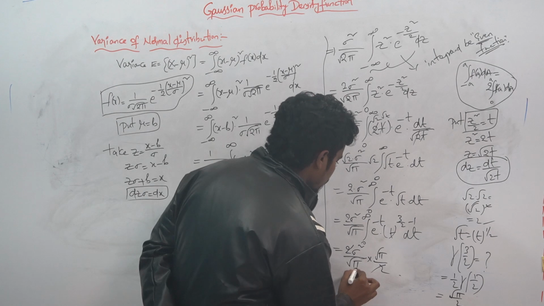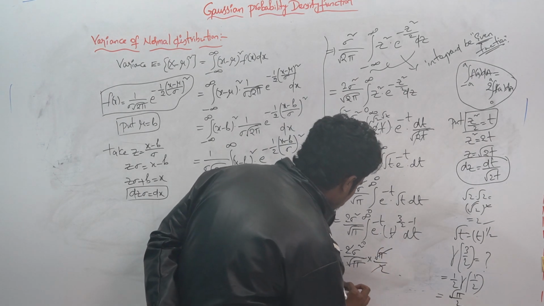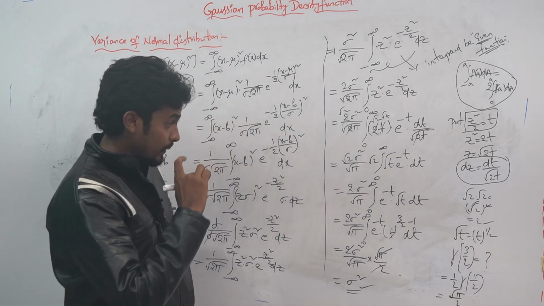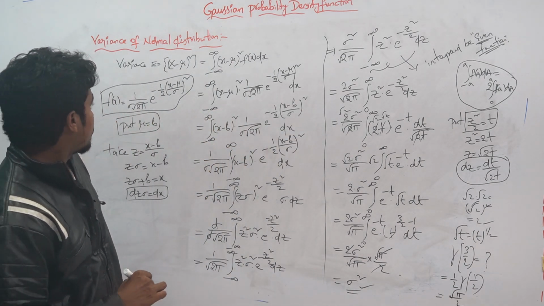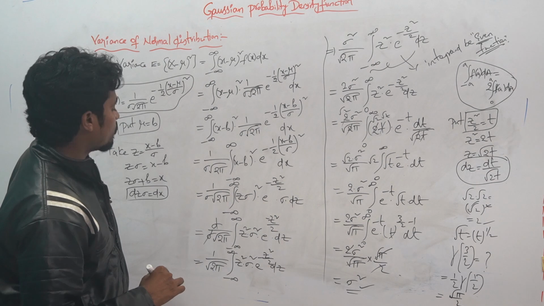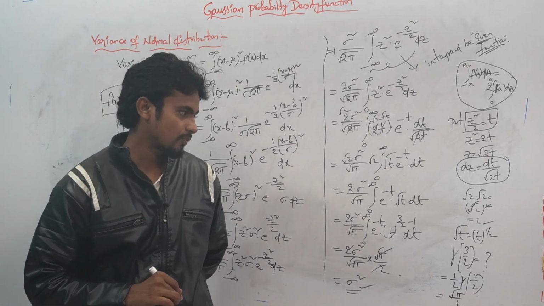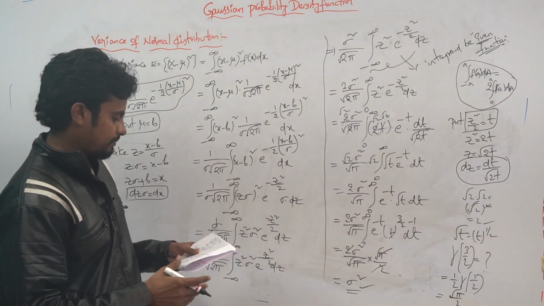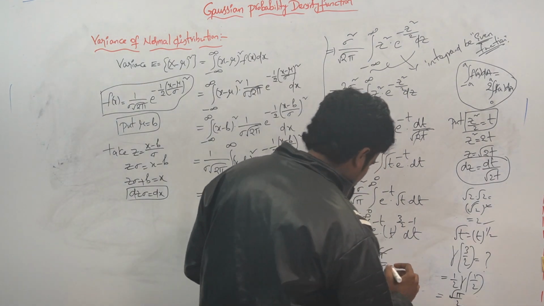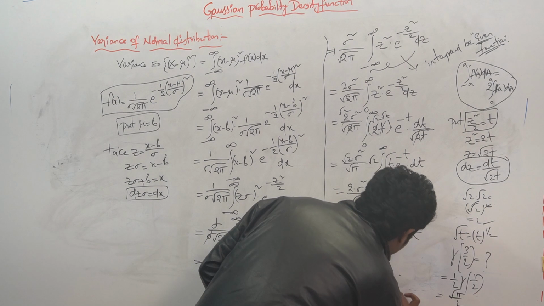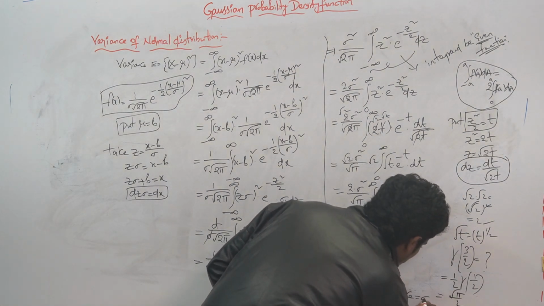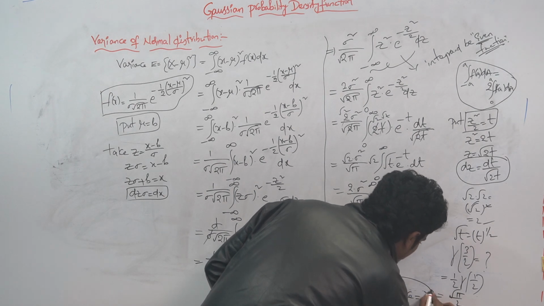Here 2 cancel, root pi cancel, you will get the answer as sigma square. So here you can observe one thing, the variance will be equal to sigma square.